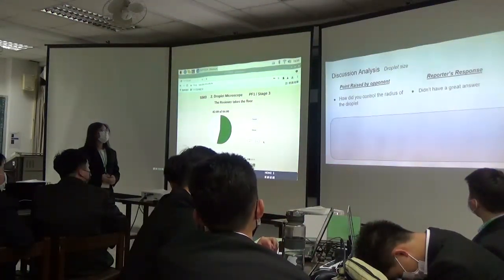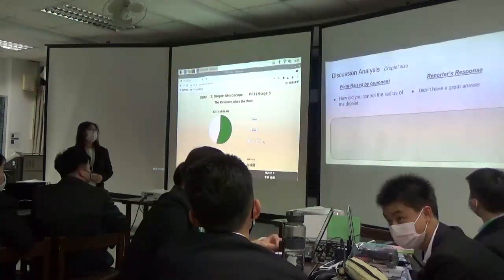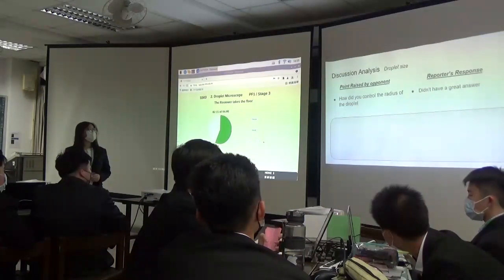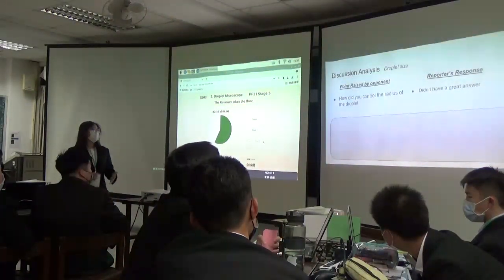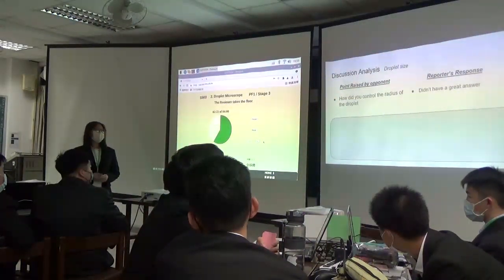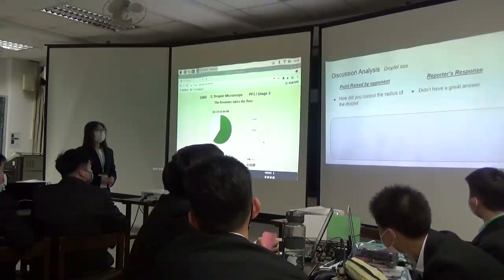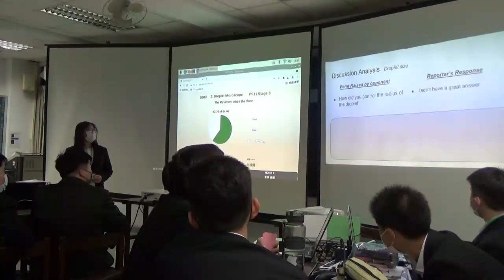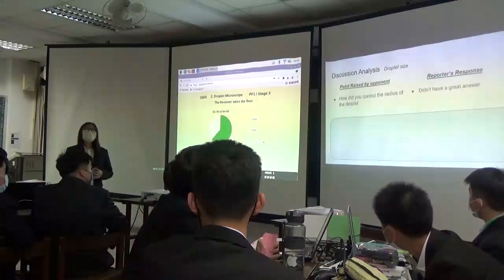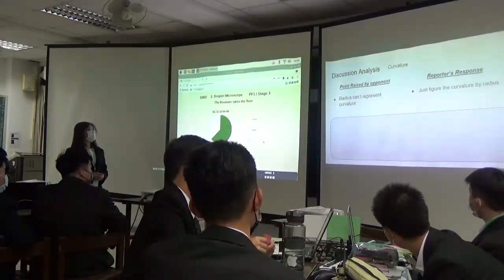Okay, for their discussion, they first talked about the droplet size. The opponent wants to know how they control the radius of the droplet. But the reporter did not have a great answer. In our opinion, the radius of the droplet will affect the results.